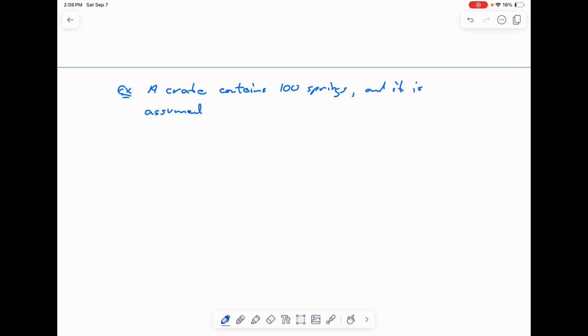We're going to assume that 3% are defective. So 3 of the 100 springs are not good. They're fragile, they've got a weak spot, whatever the case may be. 10 springs are selected at random for inspection.